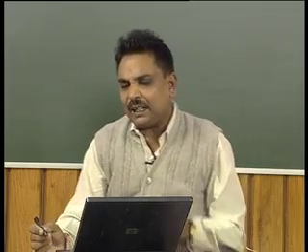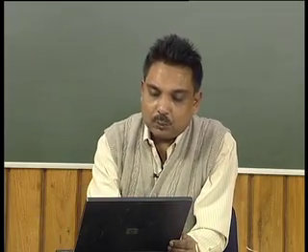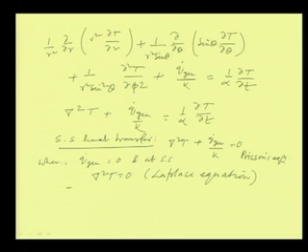In practice, grad square T plus q dot gen by k equal to 1 by alpha del T by del t is the general conduction equation.